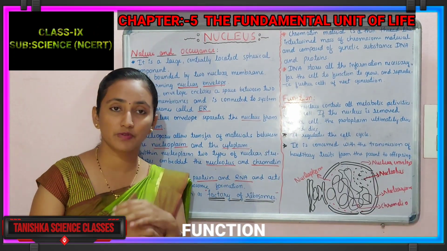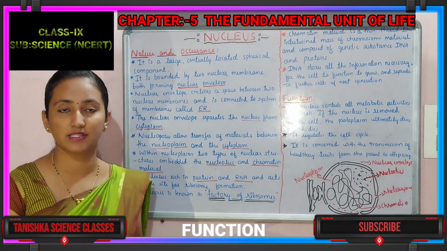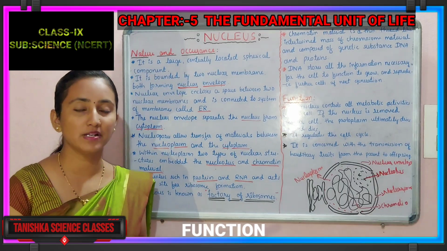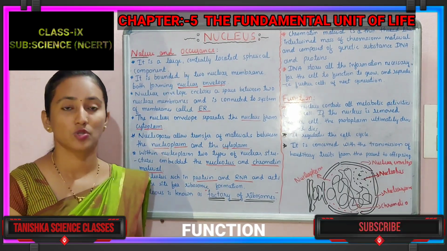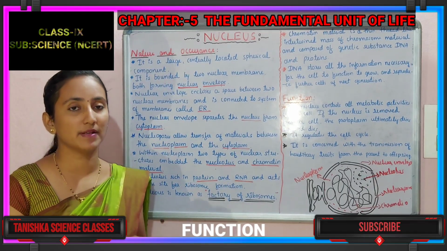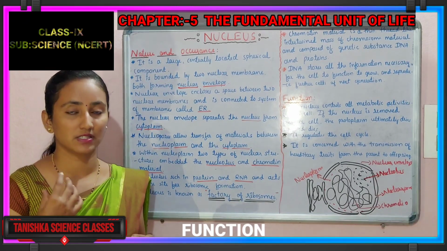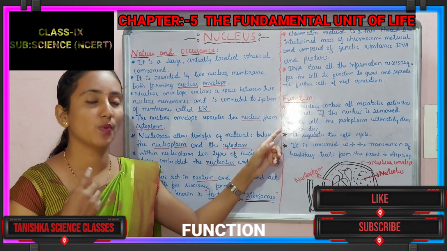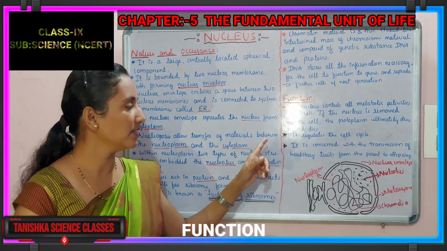If you remove the nucleus from the cell, what happens? The cell will die. Why will the cell die? The protoplasm will survive slowly, otherwise it dies immediately and the cell will die. So the nucleus is very important in the cell.